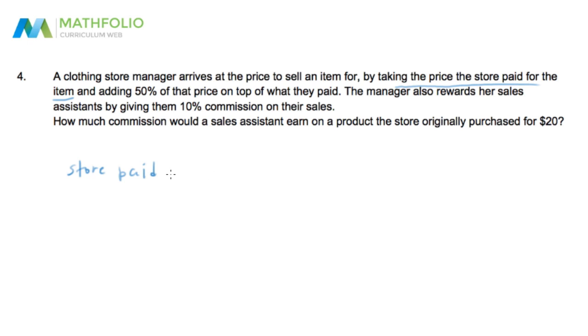That's the first thing. We need to understand how that business works. So let's just say that the store paid X. But then they add 50% of that price on top of what they paid. And so that's for them to sell it. So their sales price, the tag price that they have, is the original price plus 50% of X, so plus 50% of what they paid.